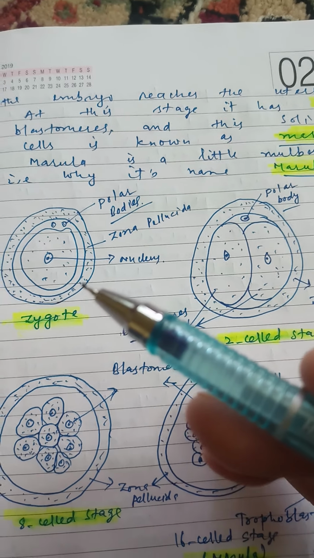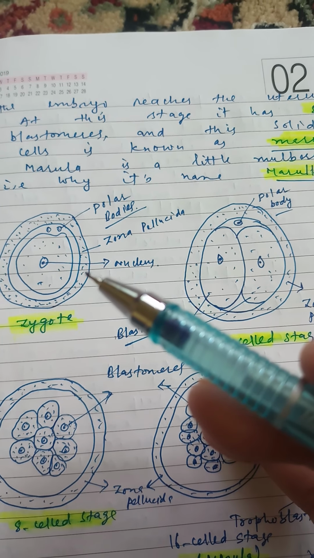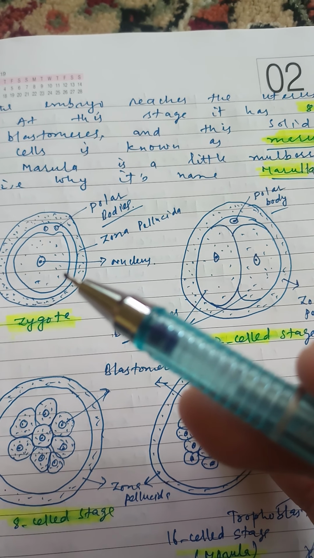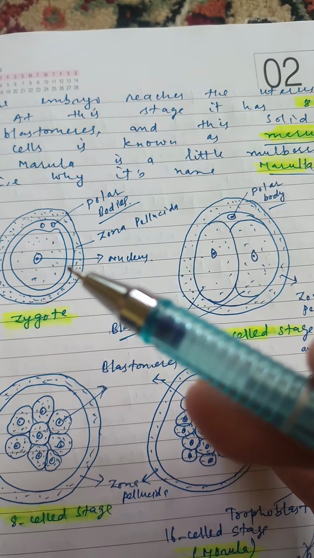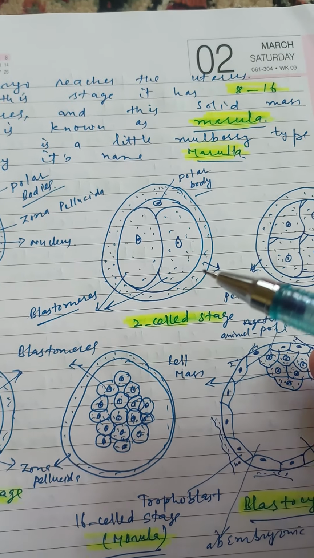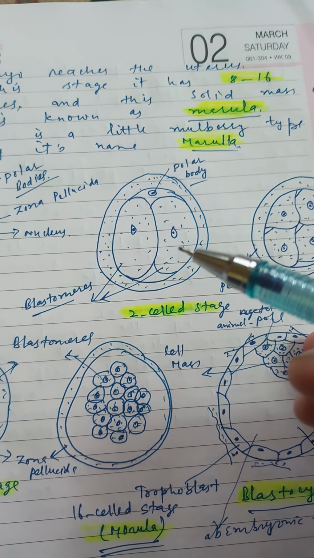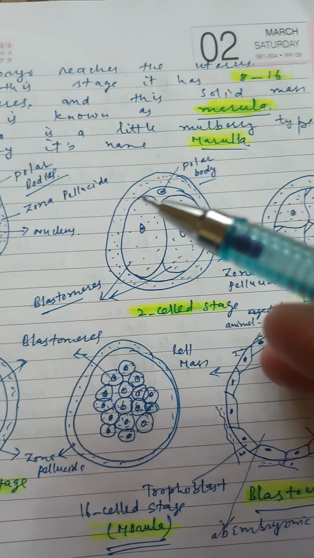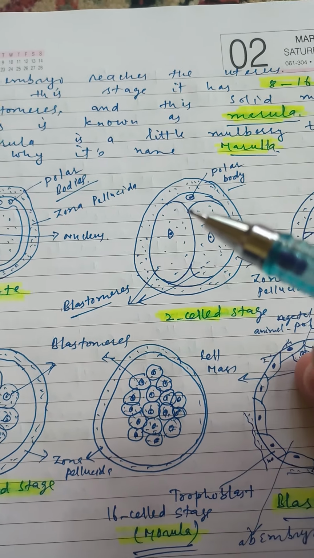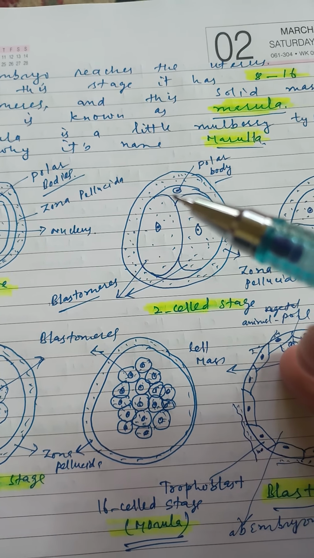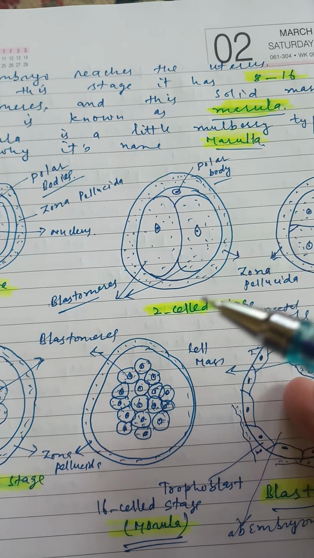In the zygote, the zona pellucida acts as a protective covering for the developing zygote. This is the first division, and two blastomeres are formed, and one polar body degenerates or dissolves. Now only one polar body remains here, and this is the zona pellucida, the protective outer covering.